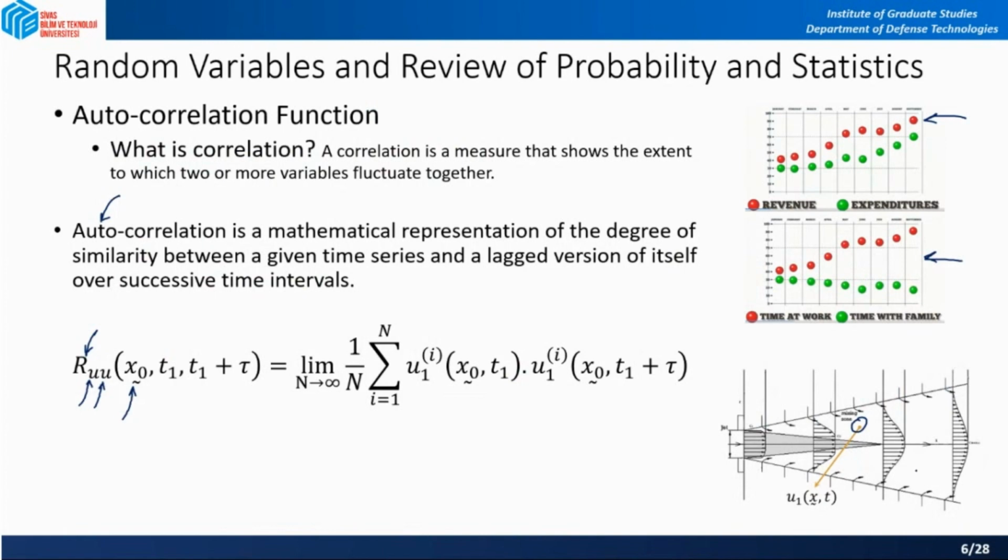Therefore, it will be a function of point, and not only the point, it will be a function of time, the same as with ensemble averaging so far. The autocorrelation is also a function of time plus this tau. What is this tau? This is the lag time. We said that it is shifted or lagged. This is the lag time.